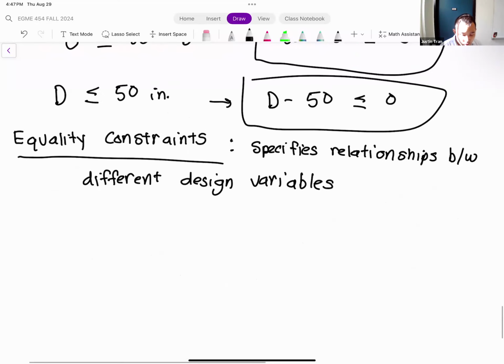Because oftentimes, when you're doing engineering design, the value of one variable is going to affect the value of another variable as well, and usually there's some kind of relationship in it.